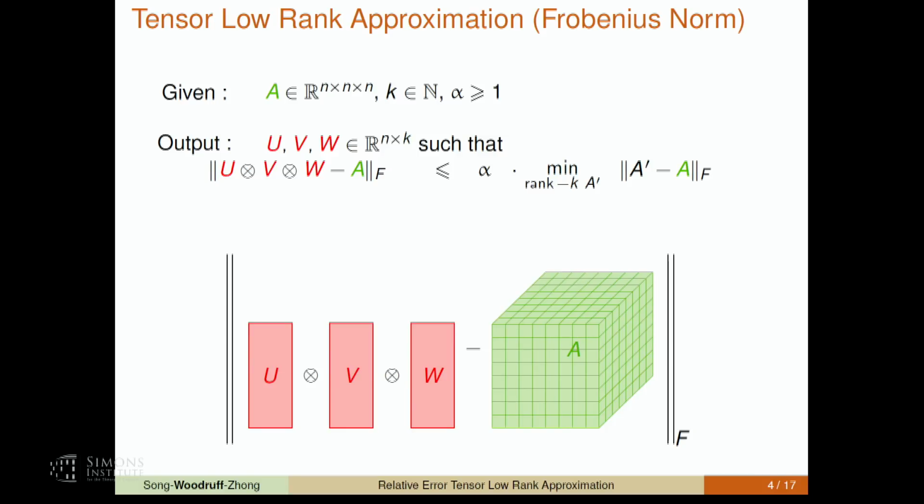And this just means exactly the same thing as before. So what this operation means is I take the first column of u, I take its outer product with the first column of v, and outer product with the first column of w. That's one rank 1 tensor. And then I add that to the outer product of the second column of u, outer product second column of v, outer product second column of w, etc. Okay? So these are the analogous factors that I want to find in the tensor case.